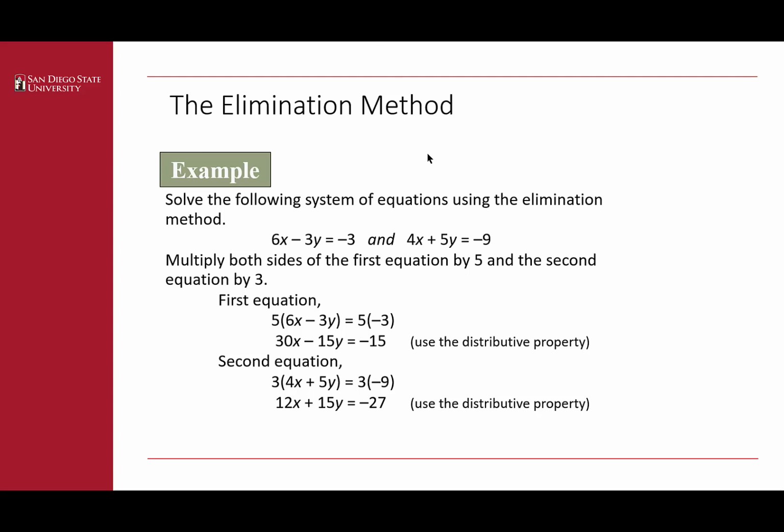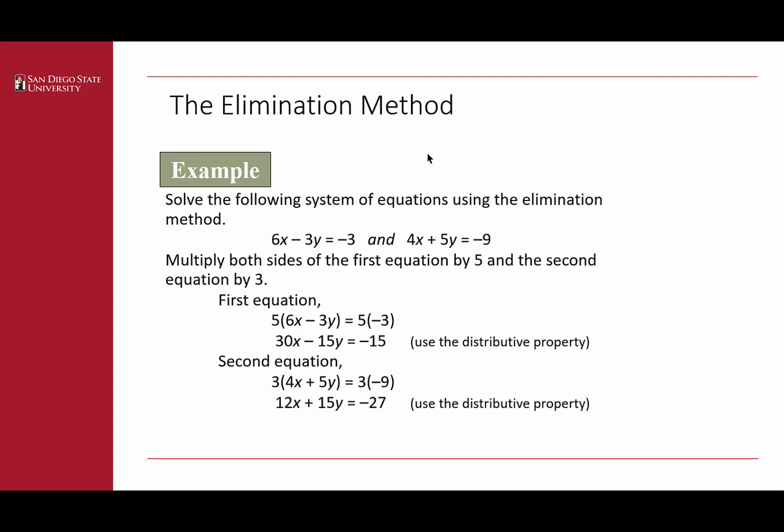But when making this summation, we want to neutralize one of these variables. This is why we are multiplying these equations. We want to get rid of one variable and have an eventual equation that contains only one of these variables. It could either be x or y, it doesn't matter, but we want to neutralize one of them and be left alone with only one variable. And this is the elimination method.